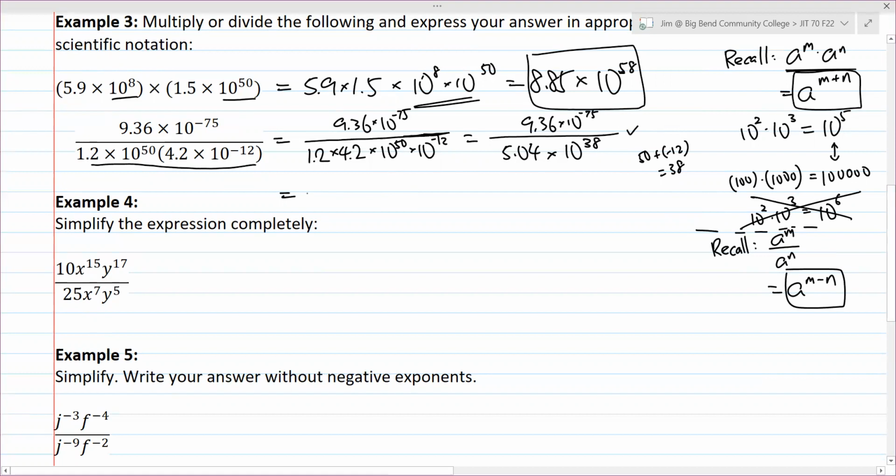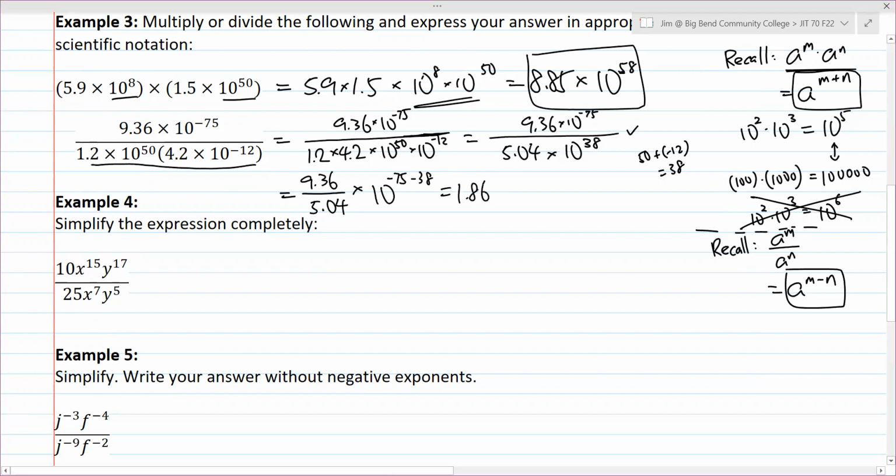First of all, we have 9.36 over 5.04, and then we can work on the multiplier in this way. That would be 10 to the negative 75 minus 38. Well, can we do that? Yes, we can. Why not? All right, so 9.36 divided by 5.04. The calculator shows that we got 1.86.